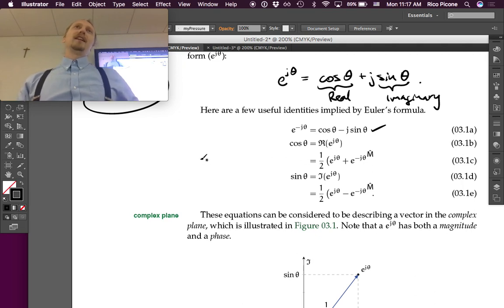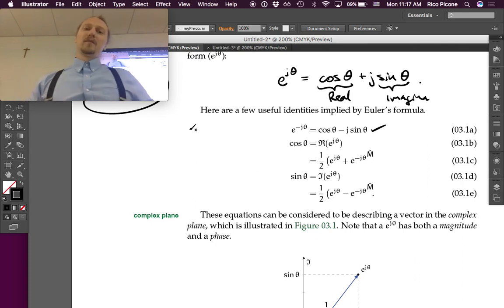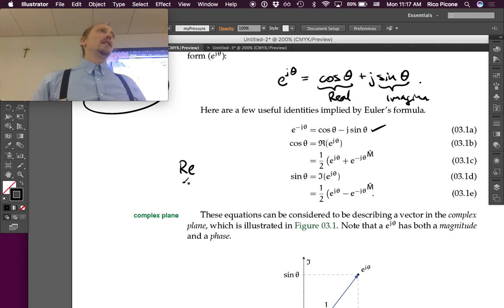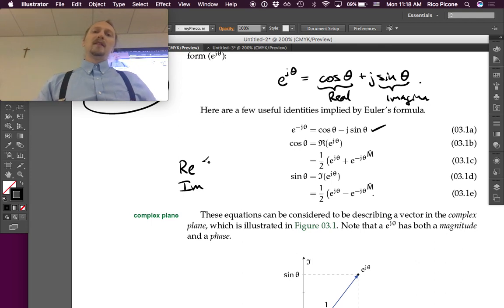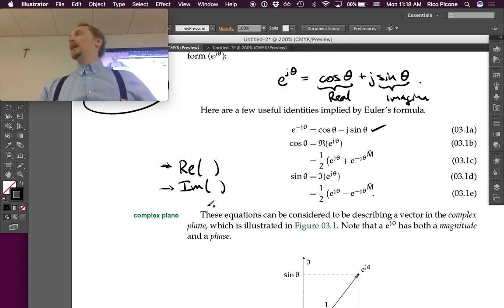But it's really hard for me to write that on a board. So what I'm going to use is the other common notation, which is Re. And for the imaginary part, instead of the fraktur version, I'll use Im. And what this means is it's a function that you input a complex number, and if it's this one here, it spits out the real part. If it's this one here, it spits out the imaginary part.